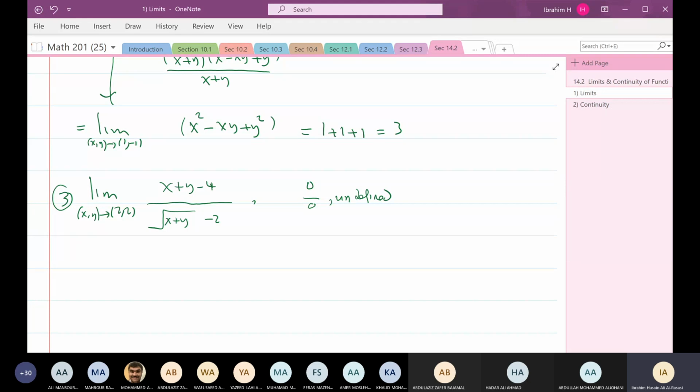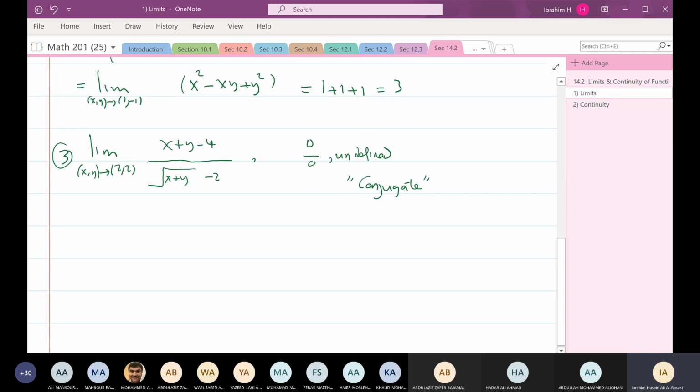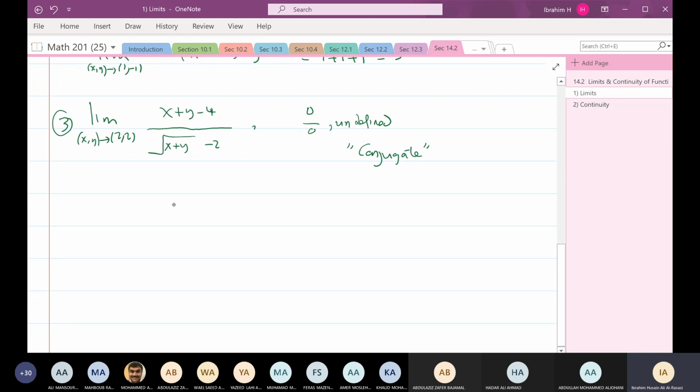Exactly. Whenever you have a root, you remember, usually we multiply by the conjugate. So multiply by the conjugate and then simplify. This is x plus y minus 4 over root x plus y minus 2.